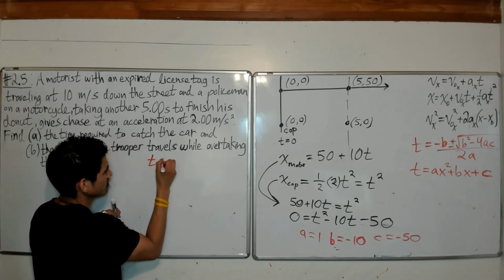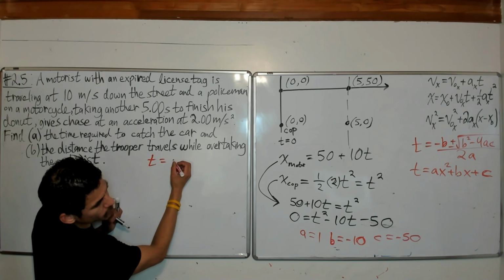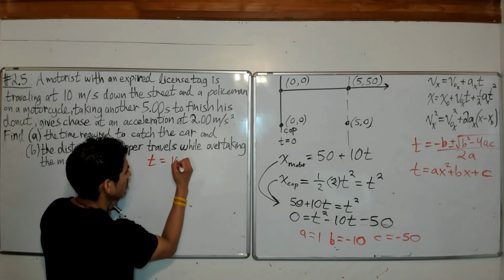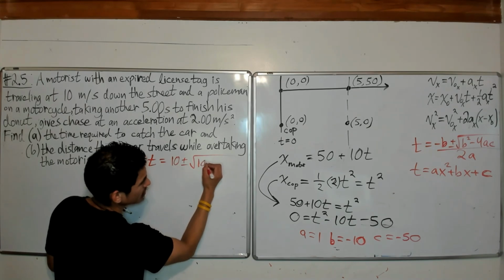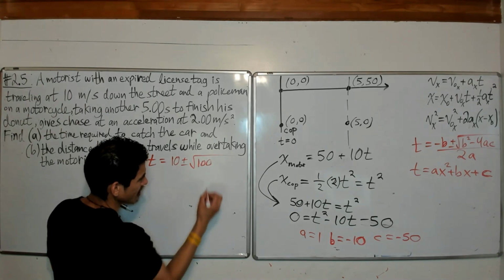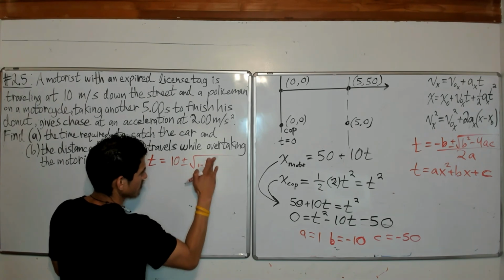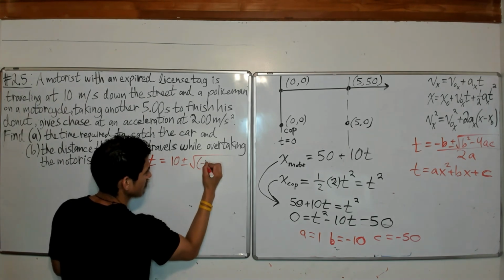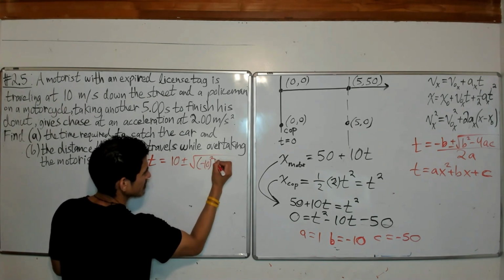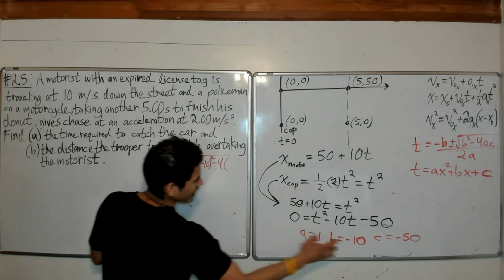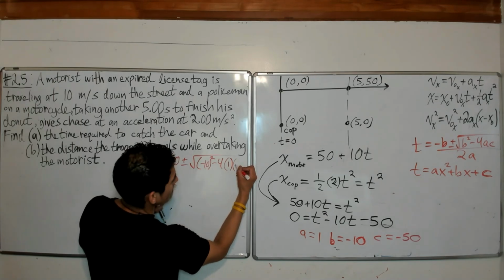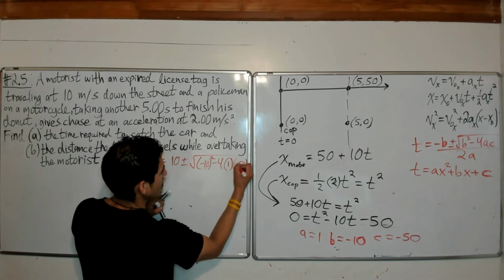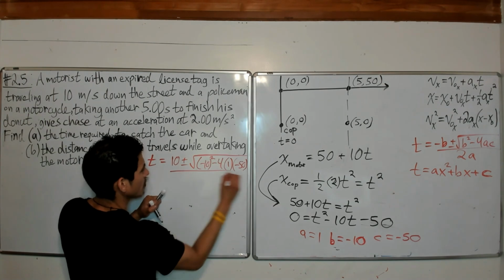t is equal to negative b, which means 10, plus or minus the square root of b squared. Negative 10 squared will be 100. Minus 4 times a times c, all over 2a.